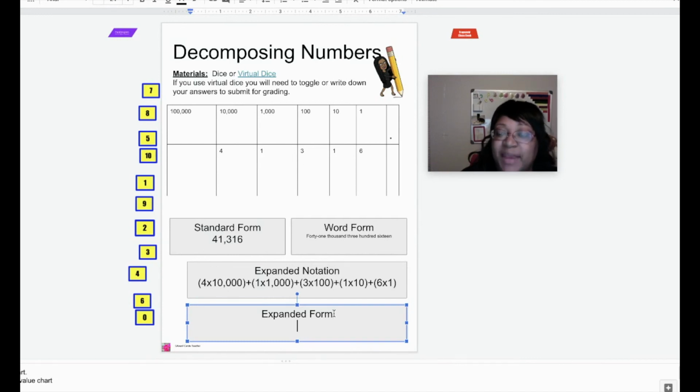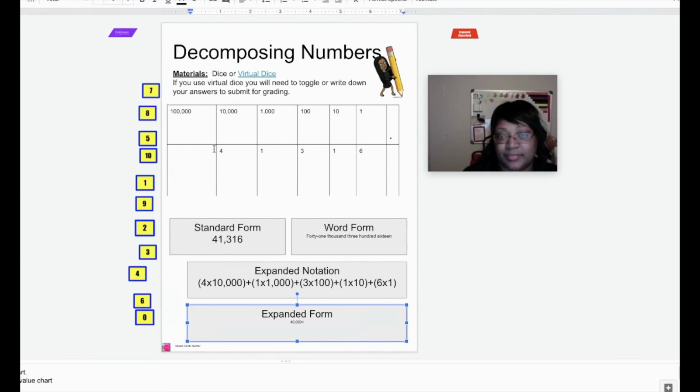Now we have expanded form. Expanded form is the value of each digit written as a sum of numbers. So we're going to start over here to our left. I need to make this kind of small. All right. So what is the value of the digit 4? Well, it's 4 groups of 10,000. So 10,000, 20,000, 30,000, 40,000. That would be 40,000.